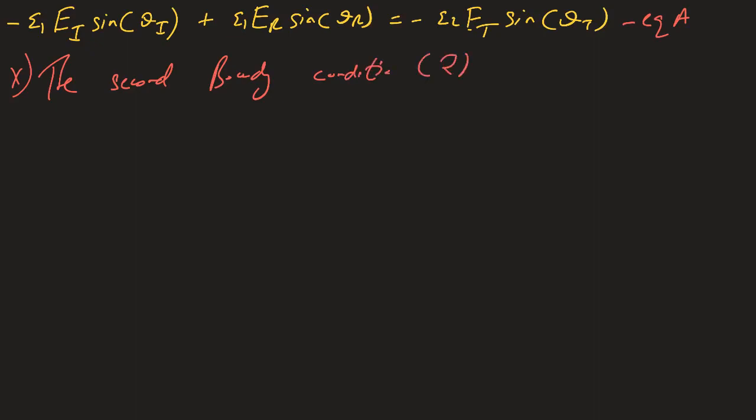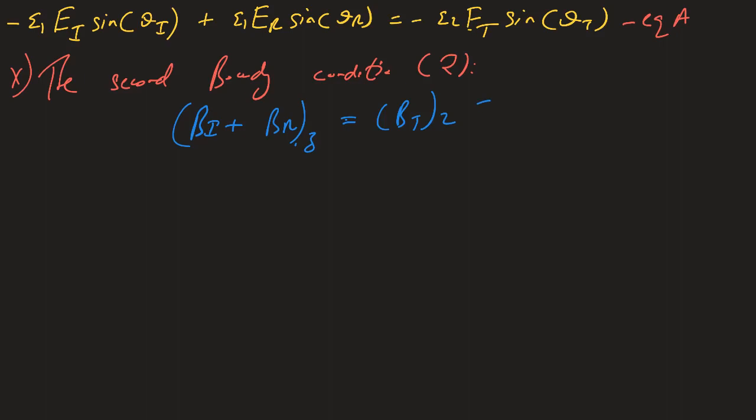We called this boundary condition 2, okay? The boundary condition 2 was that B_I plus B_R z component is equal to B transmitted z component.